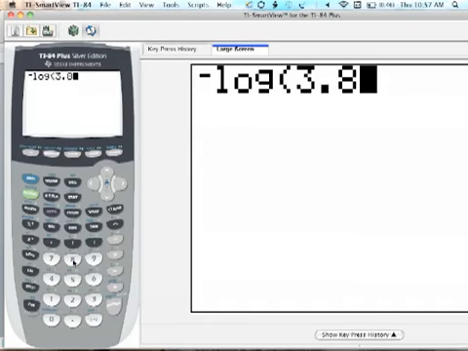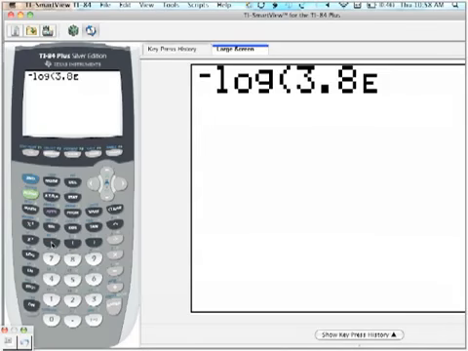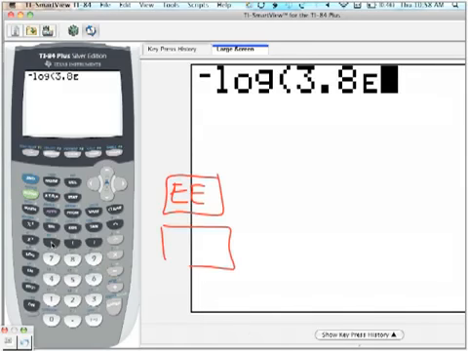But we're not going to hit times 10. We're actually going to hit the exponent button. You're looking for either the little EE on your calculator or the EXP button.